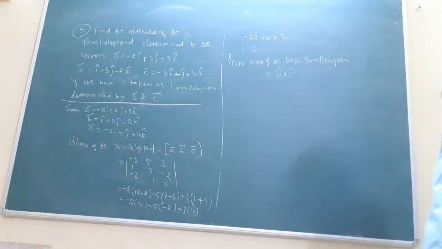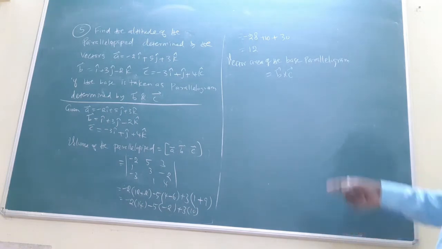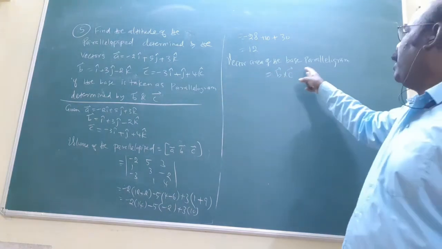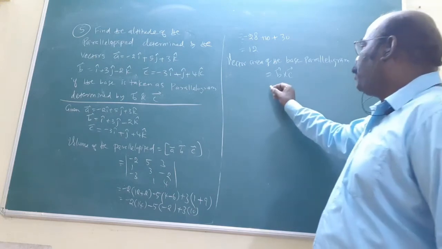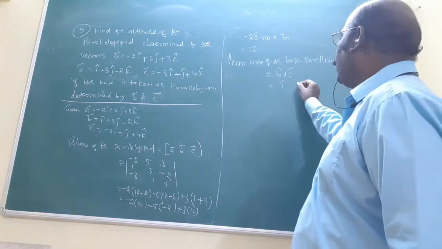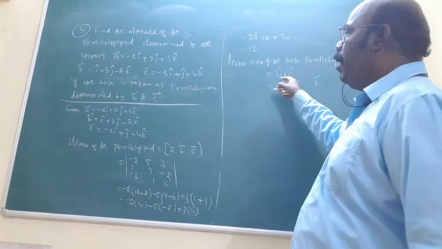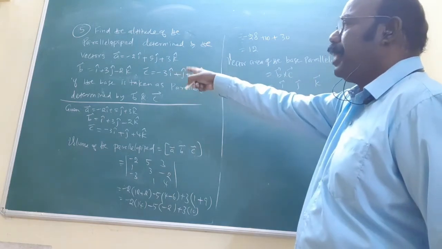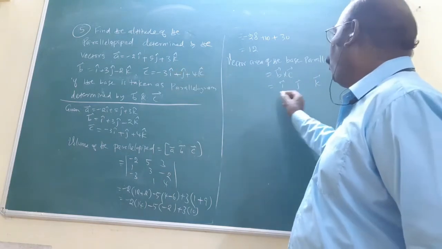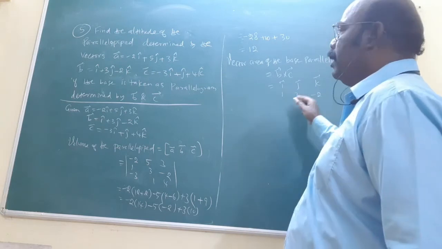First find B cross C, afterwards only area, that means we take the modulus. Vector area, no problem, because the base is B and C given. That's why B cross C is the formula. The cross product: i, j, k, B coefficients 1, 3, minus 2, C: minus 3, 1, 4.